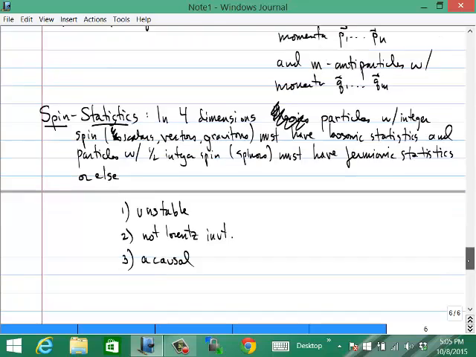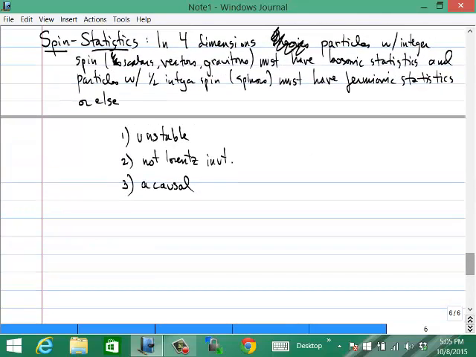I'm not going to try and prove the spin statistics theorem in this class. It's beautiful, but it's a rather complicated proof. And in fact, just to whet your appetites, the proof is very special to 4 dimensions. And in fact, it involves the topology of the Lorentz group.